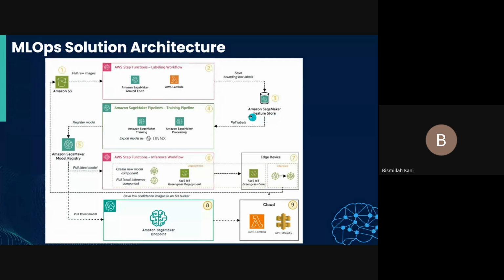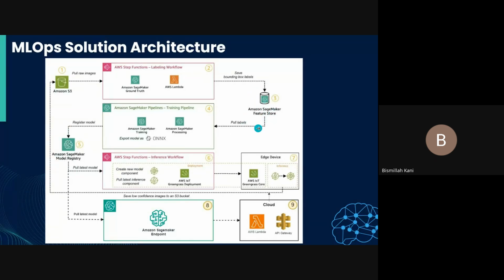Instead of storing the raw images on the feature store, which is not possible, we just store the metadata of where the image is stored and what the labels in this image are.